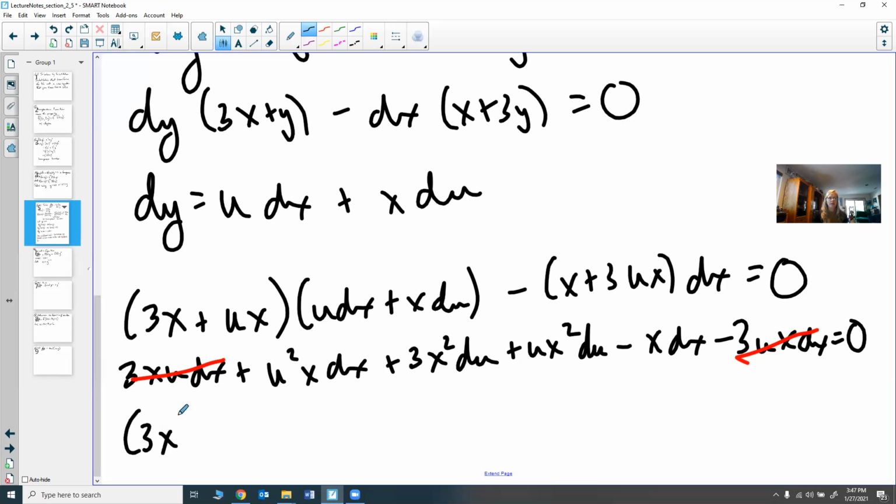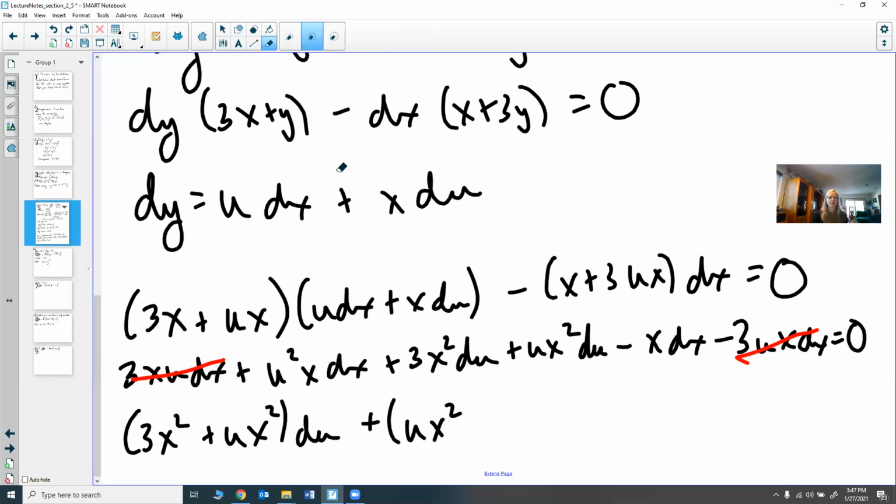We have 3x squared plus ux squared, du. Then the dx terms are plus u squared x. Whoops, wrong dx term, sorry about that. And my other dx term is minus x dx equals 0.